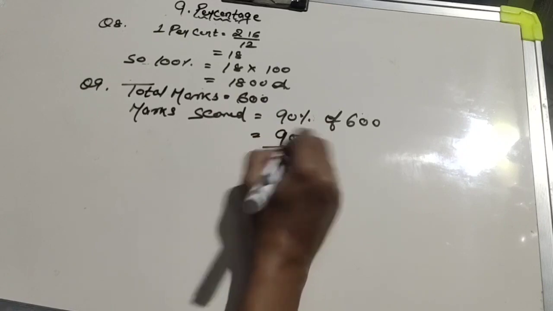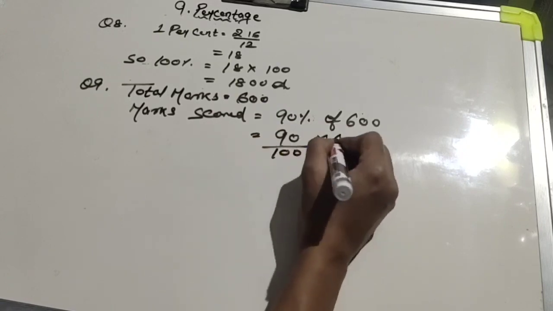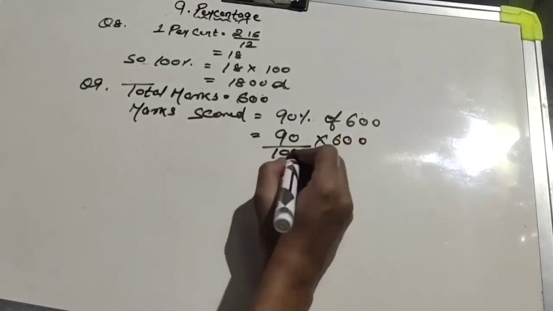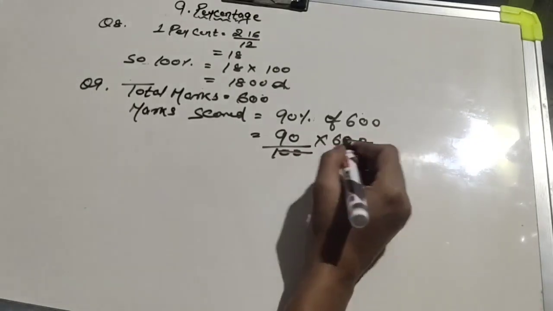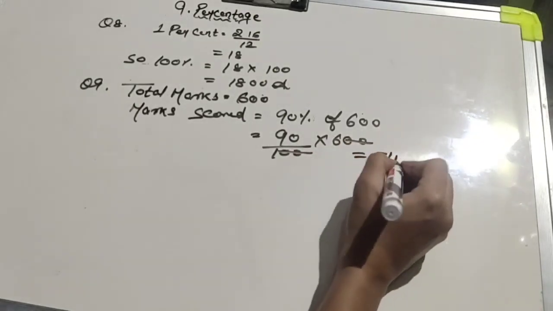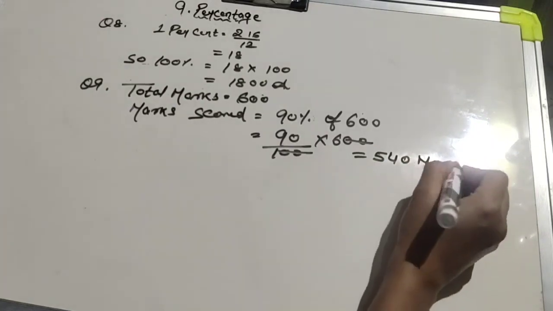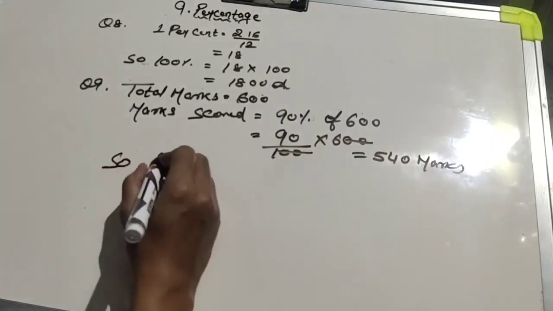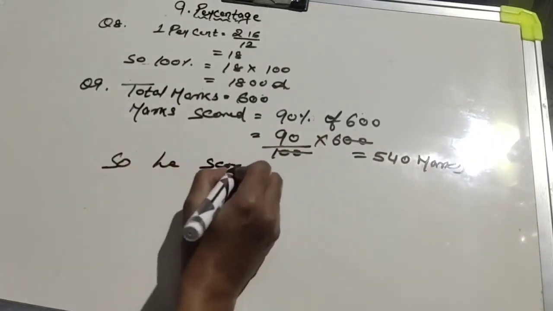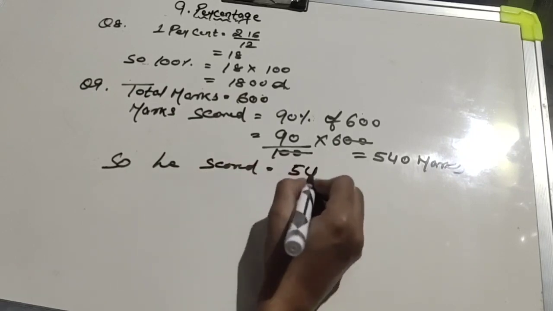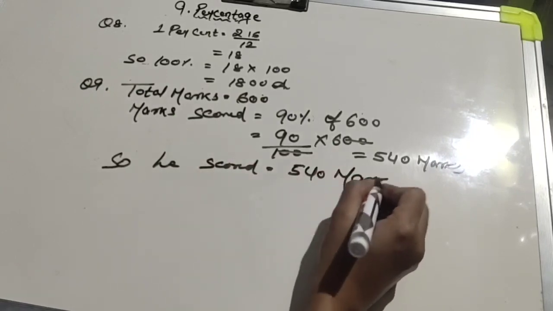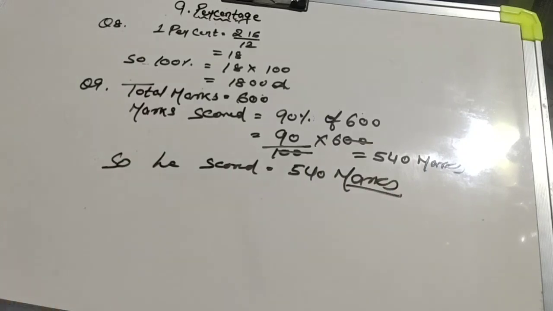So 90 by 100 multiply with 600. 100 table, 100 6s are 600. So 90 multiply with 6, 540 is your correct answer. So you will write he scored is equal to 540 marks.